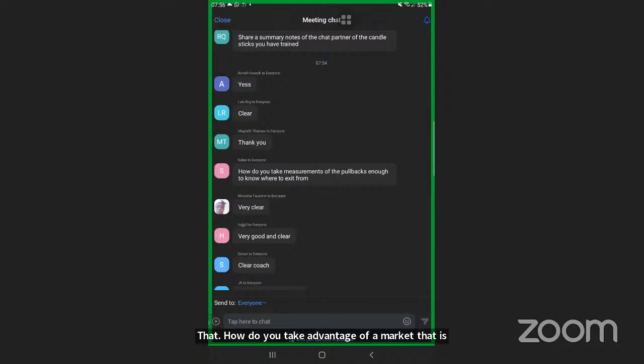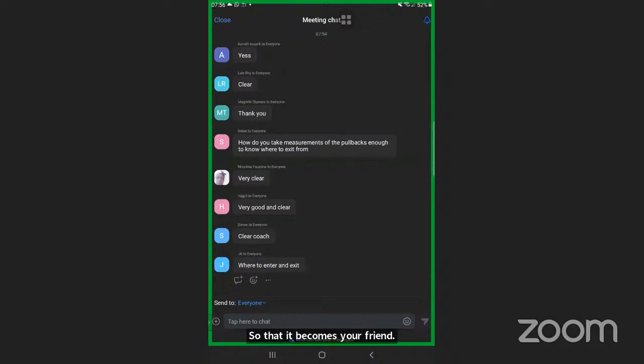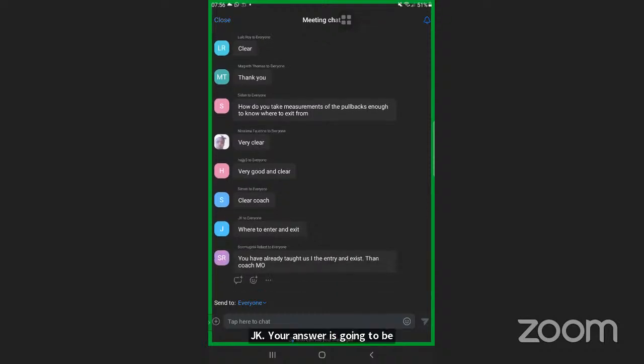How do you enter? How do you exit? How do you follow the trend so that it becomes your friend? Is that clear? JK, your question will be answered as you keep attending. You are going to know exactly where to enter and where to exit.